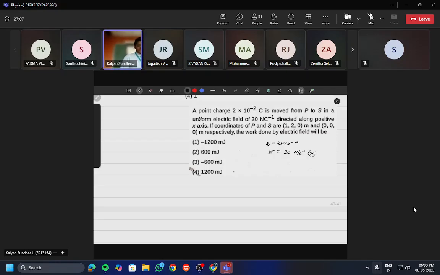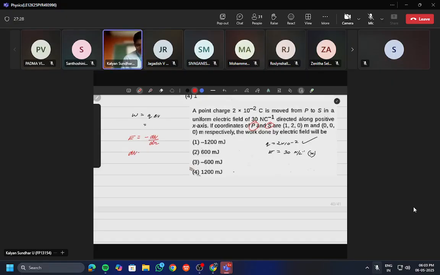Correct? So work done will be equal to how much, sir? Q into del V is the parameter. Q is already given. Only you have to find out the potential. How do you find the potential? From where to where is it moving? P to S it is moving. So we know the equation E is equal to minus del V by del R.